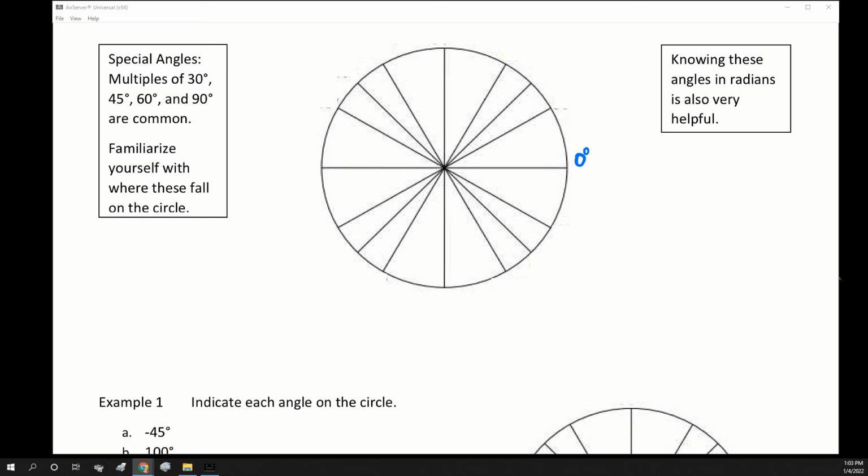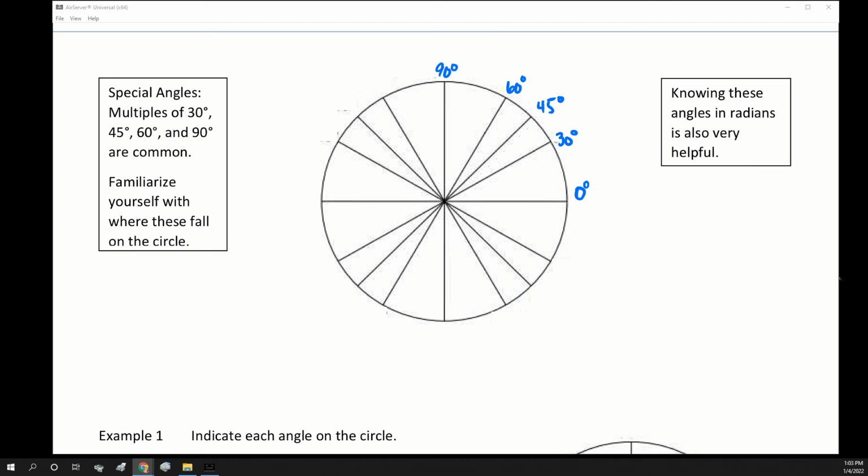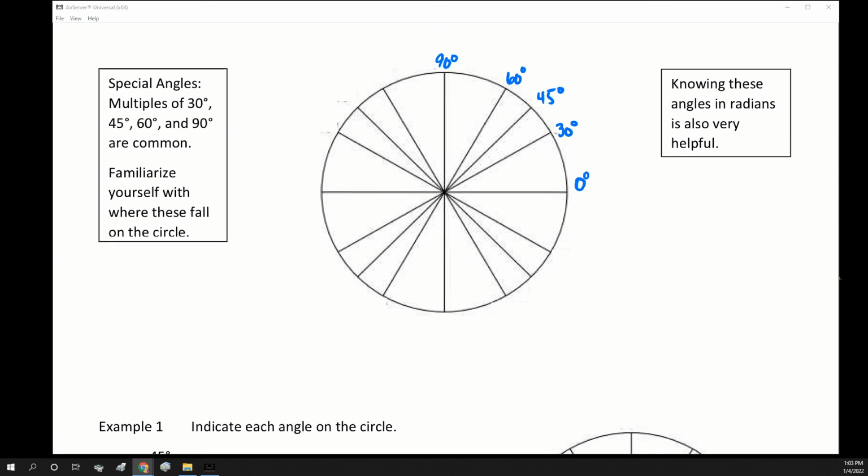Then the next one is going to be 30 degrees, and then 45 degrees, and then 60 degrees. And everyone knows what a right angle looks like. So from 0 to this one here is a right angle, so that's 90 degrees. And the rest of these are going to be multiples of that.